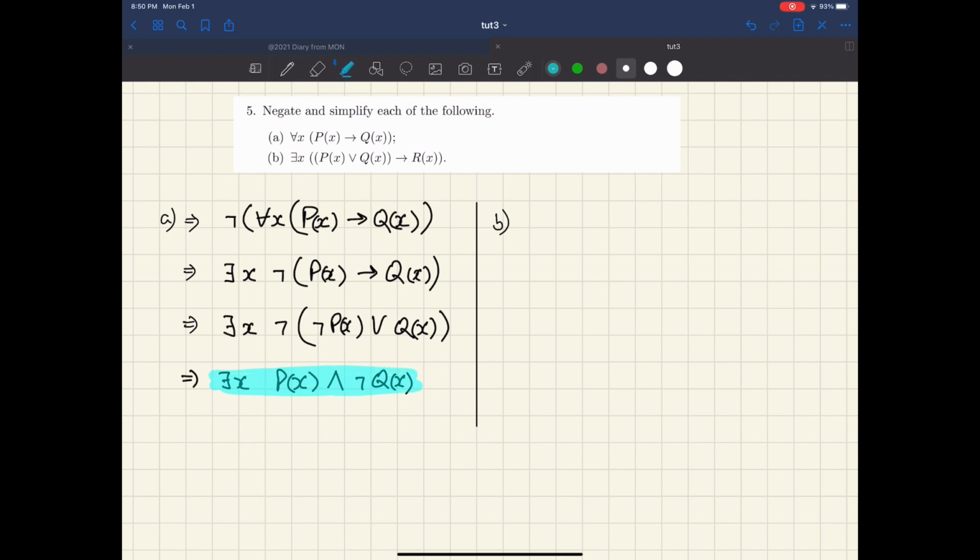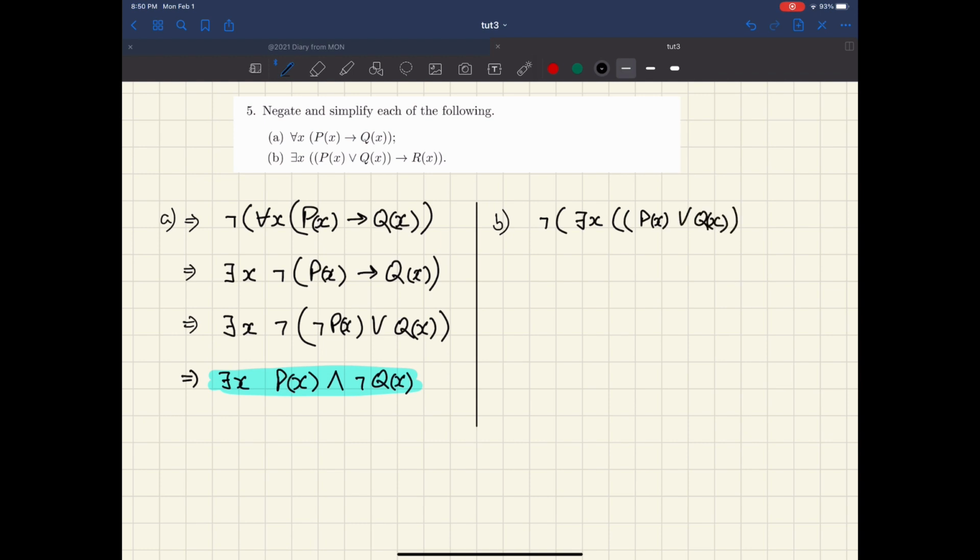For part B, we have negation of for some x, P of x or Q of x implies R of x.